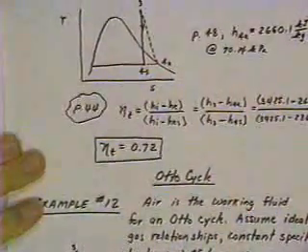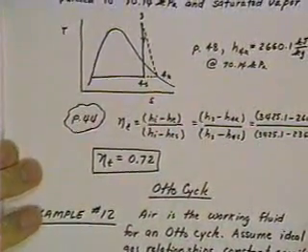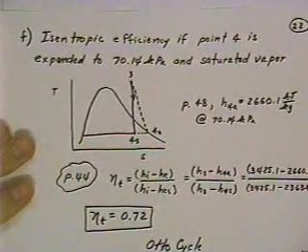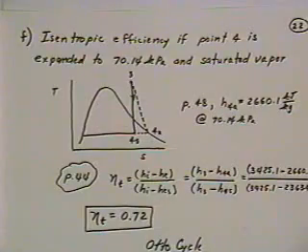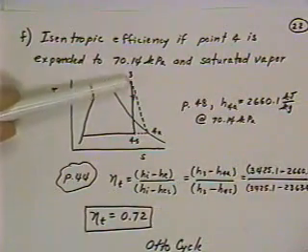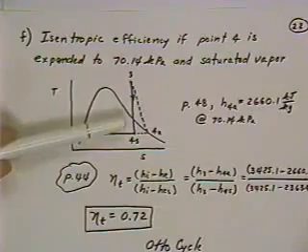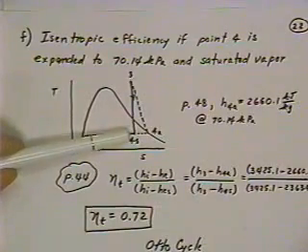Okay, the last thing that we want to illustrate with this problem is isentropic efficiency. And isentropic efficiency is a comparison of the actual operation of the turbine compared to the operation under ideal conditions. And so we set up this problem to begin with saying we've got an isentropic expansion from 3 to 4, and that expands into the mixture region.